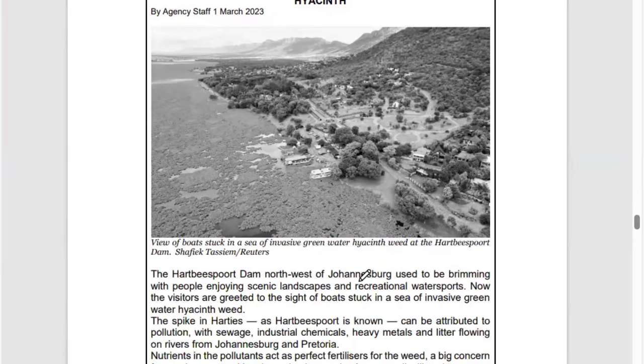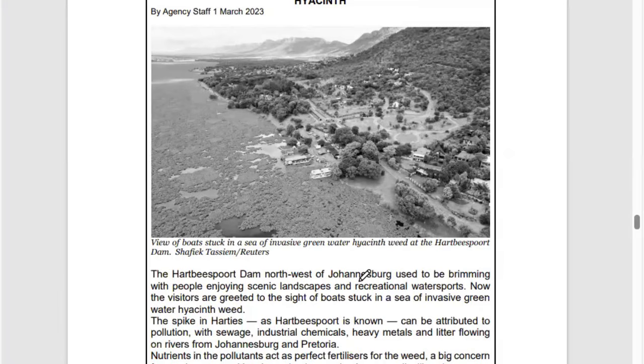You can see that weed covering up the water body, which is Hartbeespoort Dam, being covered with those weeds that invade the water bodies. Those ones are particularly called the water hyacinths, and they have a very negative implication on the ecosystem, particularly water bodies like the dams and rivers.